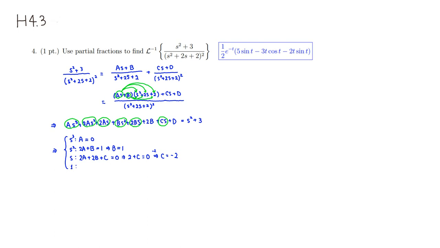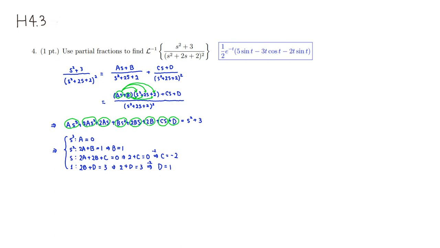Then look at the constant terms: 2b plus d. This is equal to 3. Again, b is equal to 1, so 2 plus d is equal to 3, and by subtracting 2, d is equal to 1.